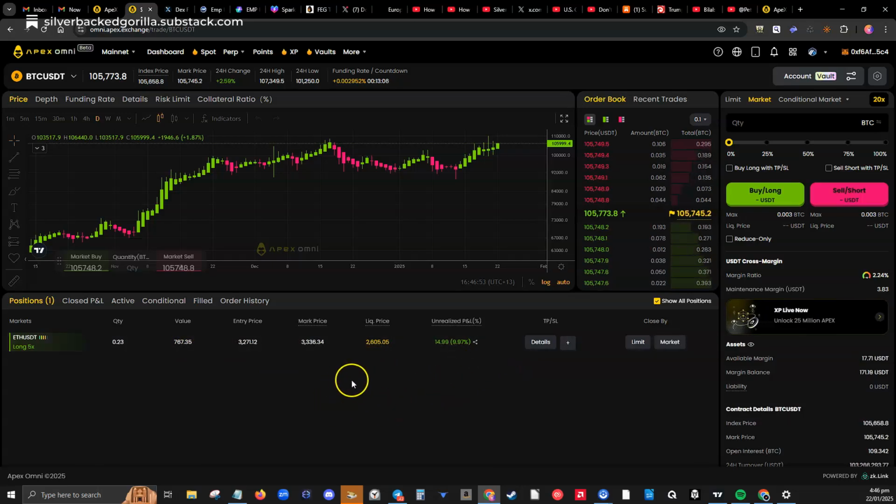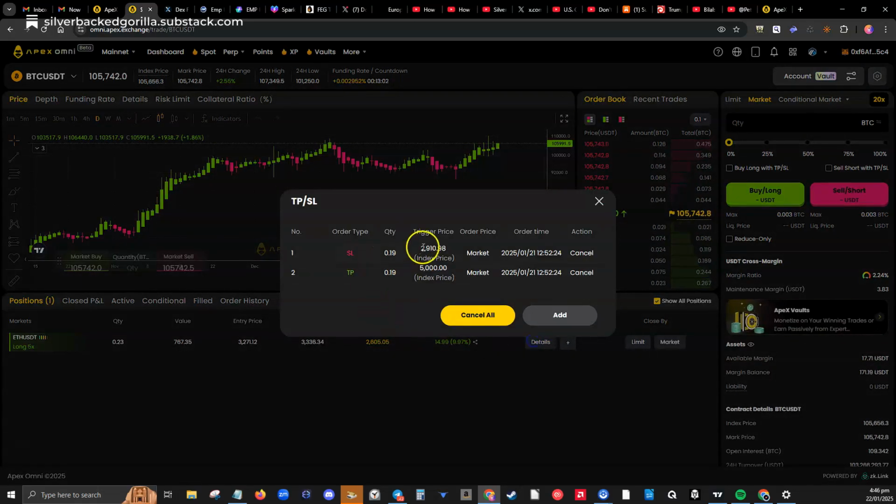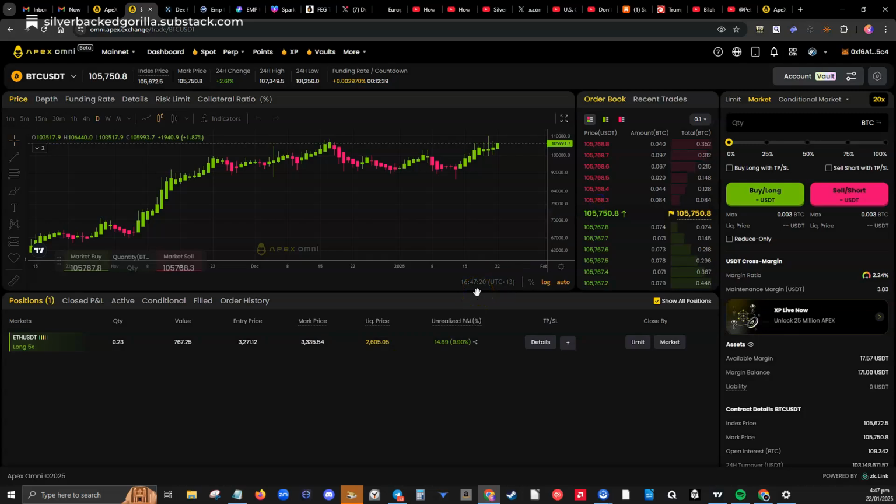It's got a stop loss level at 29.10, and a take profit of just 5,000 arbitrarily, because I think ETH should be 5,000. When the whole market goes up, we will hit 5,000 easily. So I'm just letting that run, and people can come in here and do it, and I get a little bit of a kickback from that as well. I don't know how much it is, but just go look at vaults.